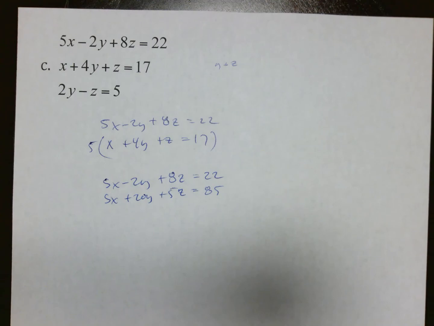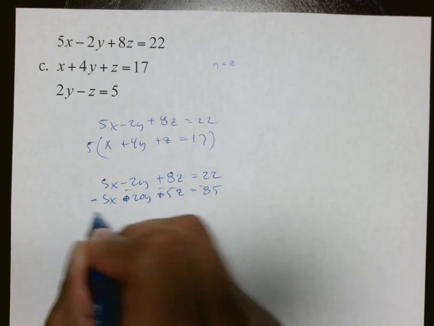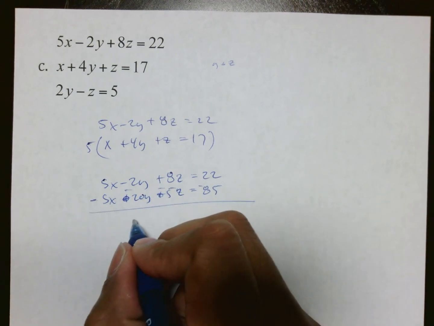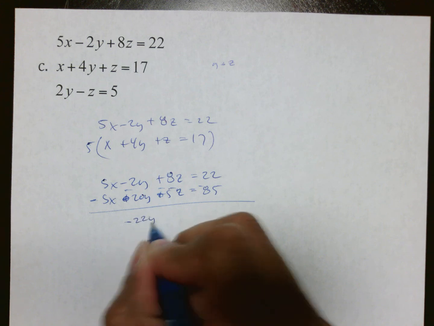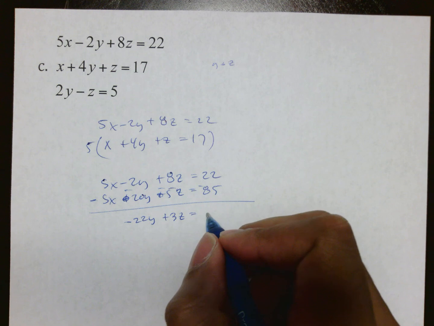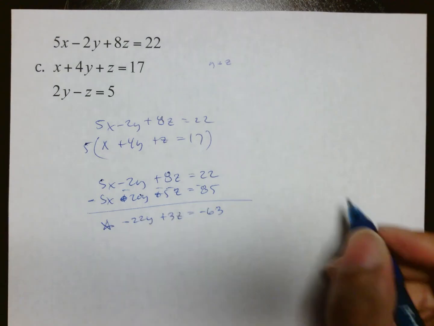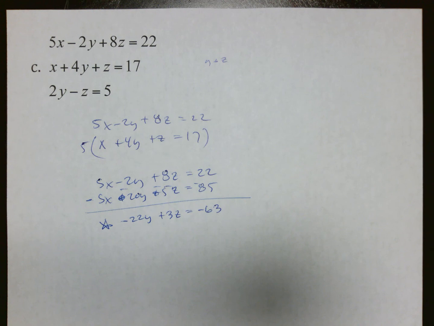I got 2,000 in the calculator, which told me something was wrong. Switch all your signs, combine your terms, you end up with negative 22y plus 3z equals negative 63, I believe. And again, this is your part here. This is also your part here.